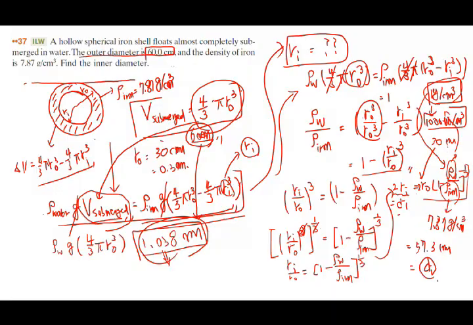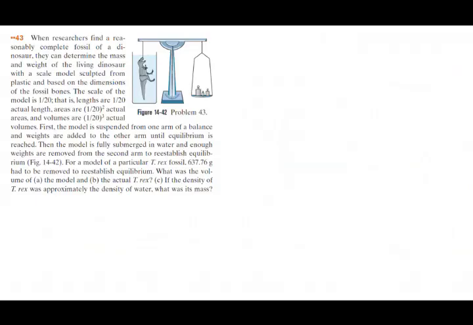Okay, let's move on to the next one. Let me read this problem. When researchers find a reasonably complete fossil of a dinosaur, they can determine the mass and weight of the living dinosaur with a scale model sculpted from plastic and based on the dimensions of the fossil bones.